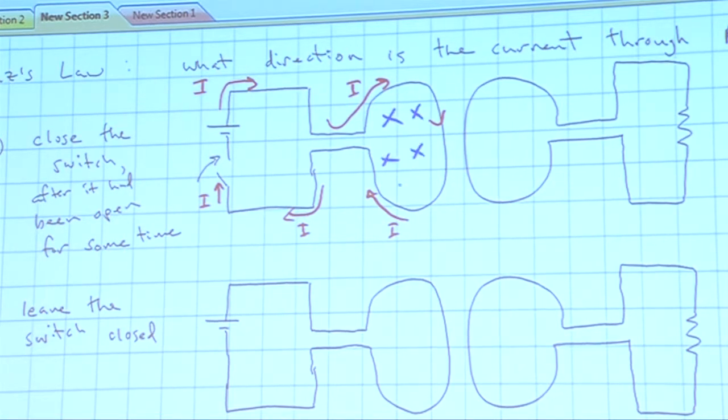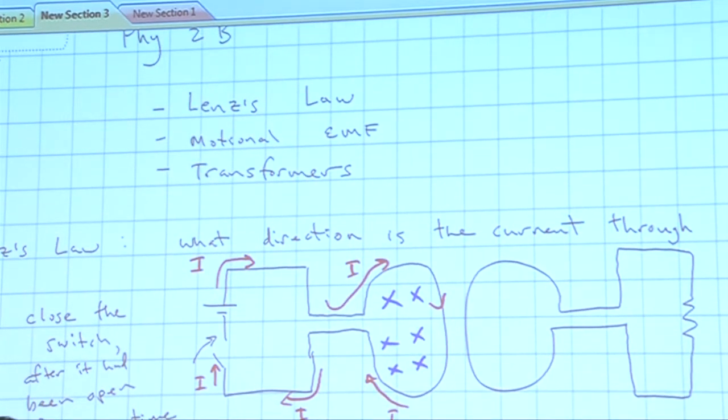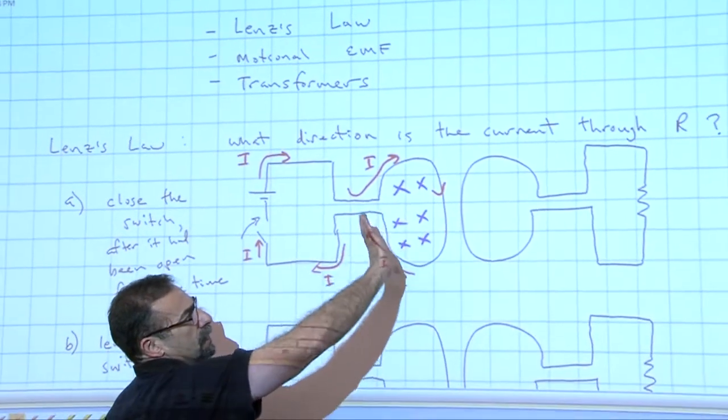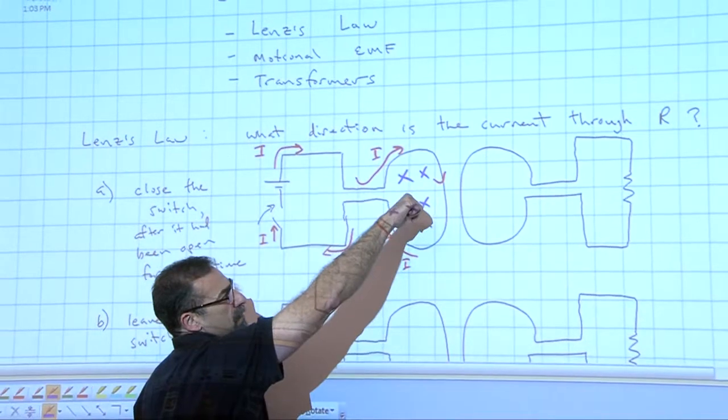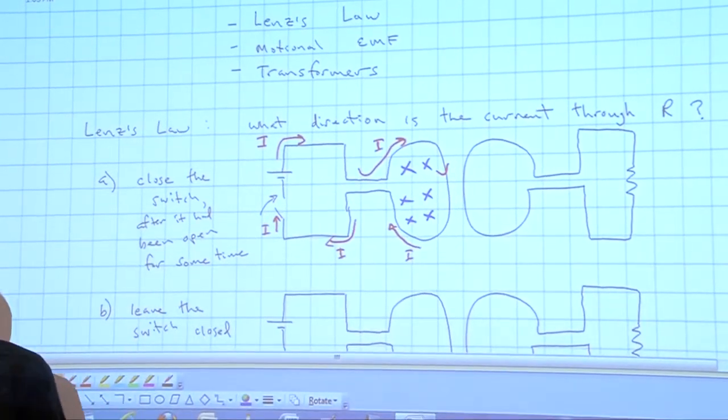Right? There are two ways you could do that. One of the methods we learned yesterday, we said we can wrap our fingers around that loop like we're kind of grabbing something, and our thumb points in the direction of the magnetic field inside the loop of wire.